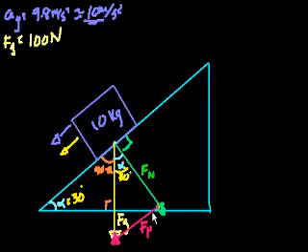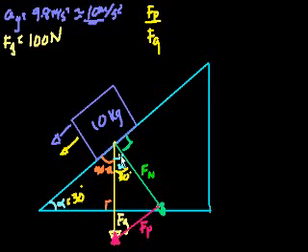What is this angle right here? So we know the hypotenuse, which is the force of gravity, right? We know the hypotenuse, and we know the opposite side, right? Opposite of the angle. So the opposite over the hypotenuse is force parallel over force of gravity, right? Opposite over hypotenuse, and that's sine, right? SOHCAHTOA.